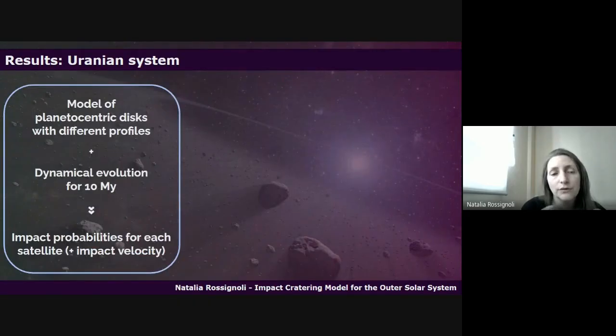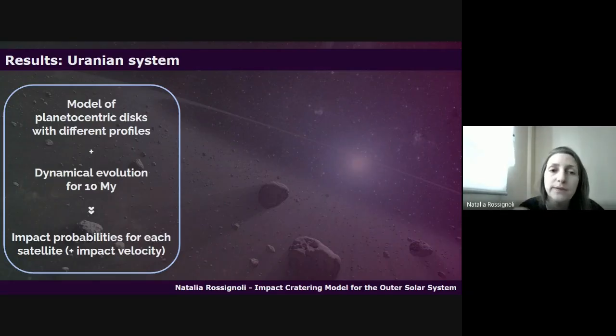So in order to model this, we chose to model different types of planetocentric disks with different profiles or different particle distributions. And also using the EVORB code, we followed the dynamical evolution of these particles for 10 million years, which is more than enough in this case because planetocentric populations tend to evolve very fast.